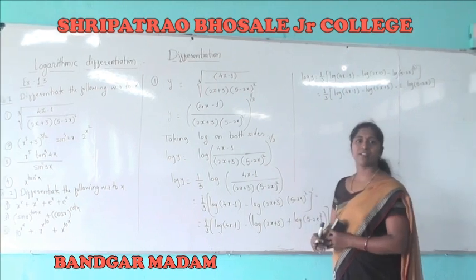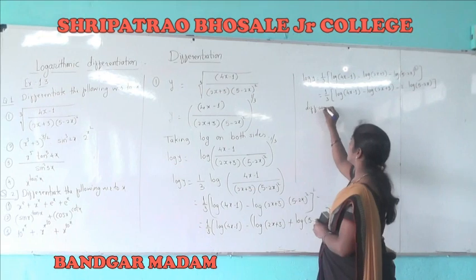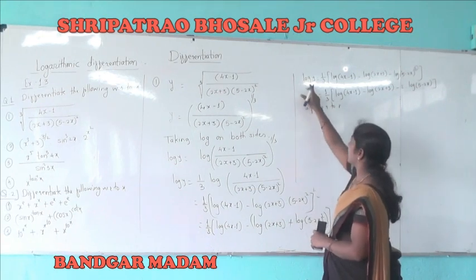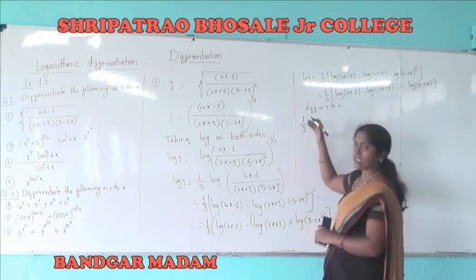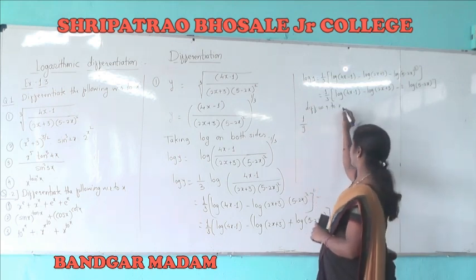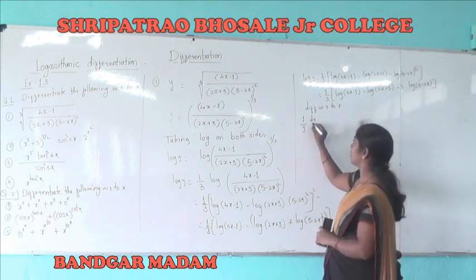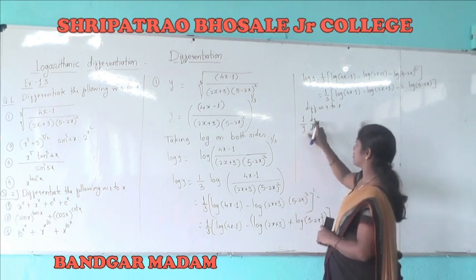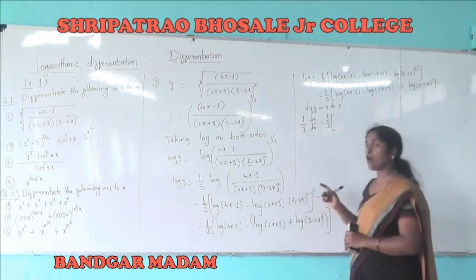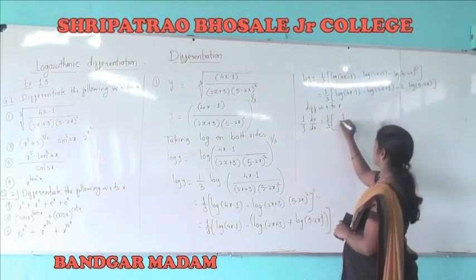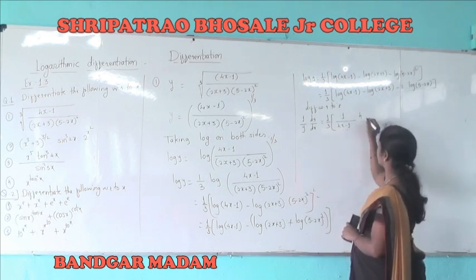Now we can differentiate this with respect to x. So differentiating with respect to x, we get the derivative of log y is 1 upon y. Derivative of log x is 1 by x. We are differentiating with respect to x, so our variable is x, here the variable is y, so we have to write dy by dx. The 1 by 3 constant stays as it is. Derivative of log of 4x minus 1 is 1 upon 4x minus 1 into the derivative of 4x minus 1, which is 4.